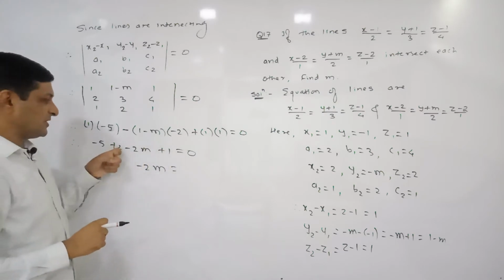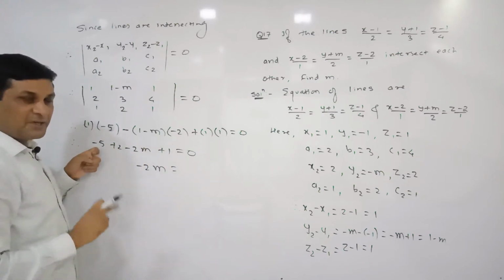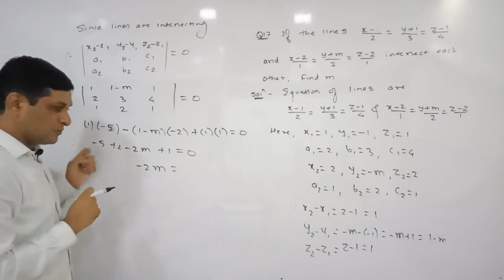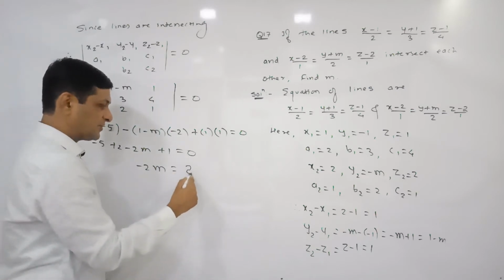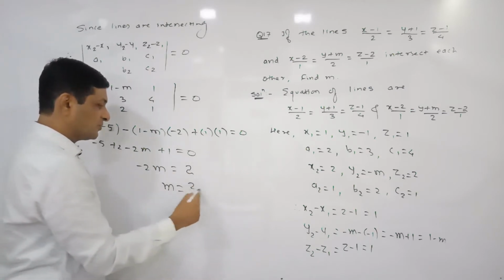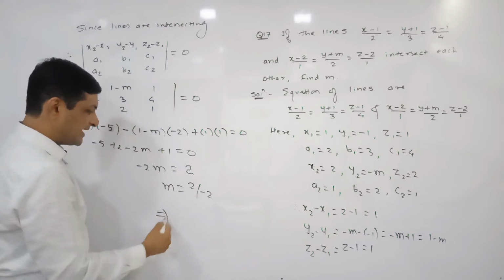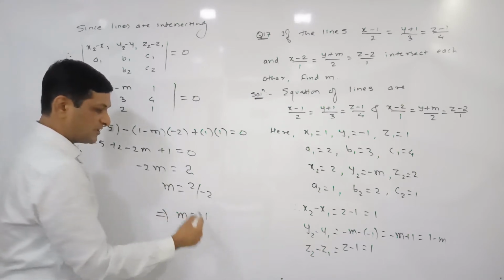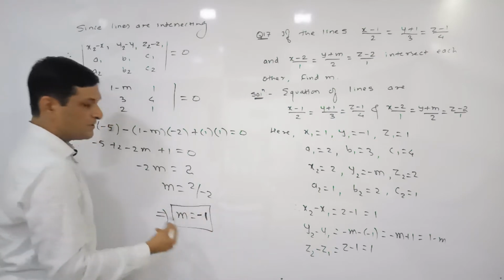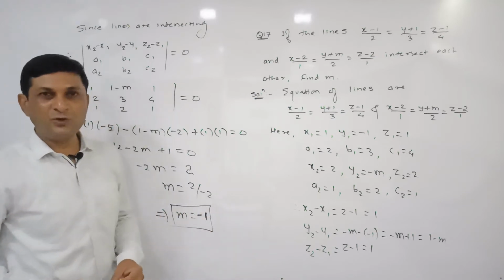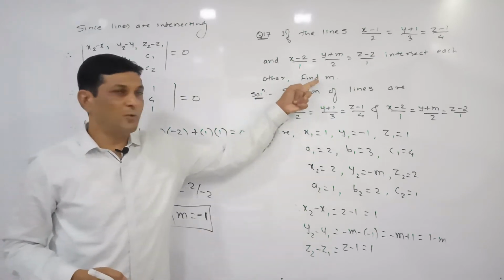So 1 plus 2 is 3, 3 minus 5 is minus 2, and minus 2 on this side becomes plus 2. So m will be equal to 2 divided by minus 2, which implies that m is equal to minus 1. In this way we have got our required unknown value, m.